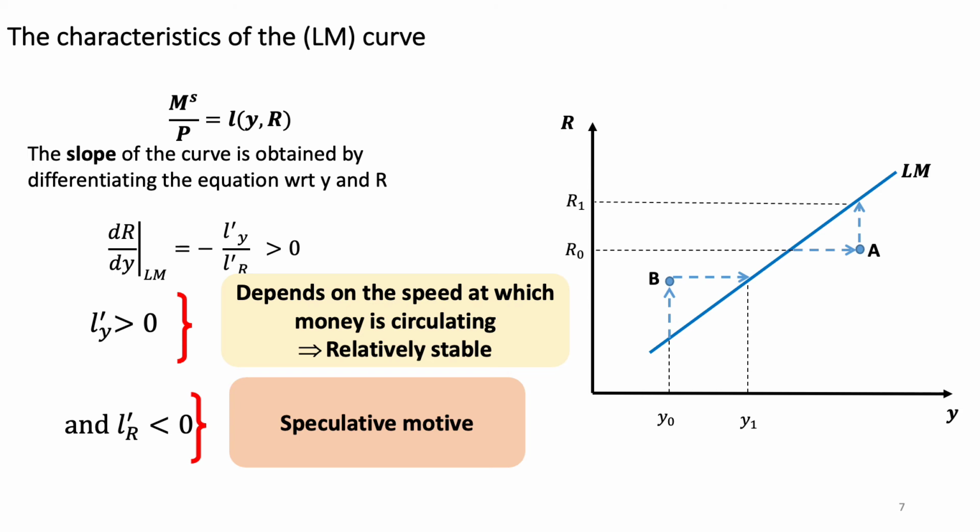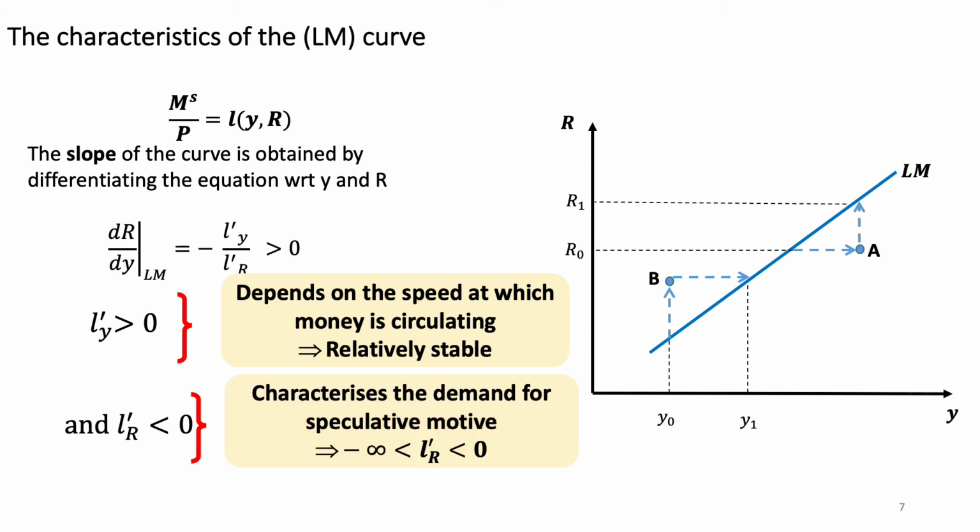This quantity will depend on the speed at which the money circulates in the economy. The higher the speed, the lower the quantity of money households will need for their transactions. This speed is, in general, relatively stable and constant over time and depends on institutional factors.